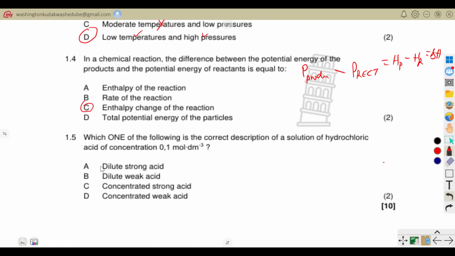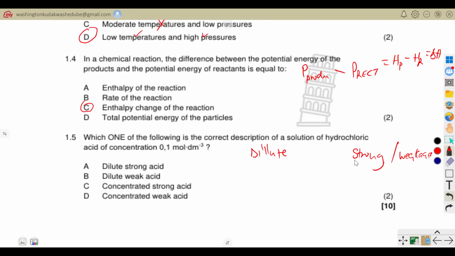Now, your options are saying dilute strong acid, dilute weak acid, concentrated. So here we have got our answers in terms of dilute or concentrated, and then in terms of either strong or weak acid. So here we need to determine if hydrochloric acid is a strong or a weak acid.